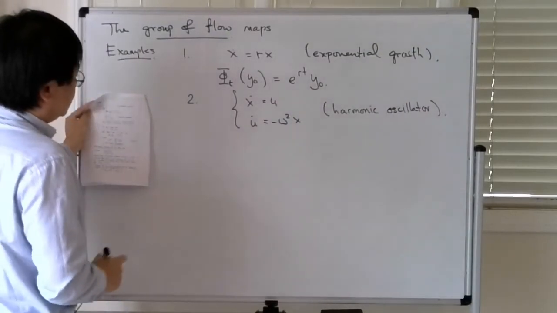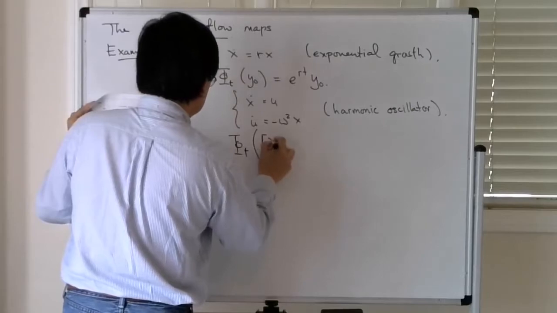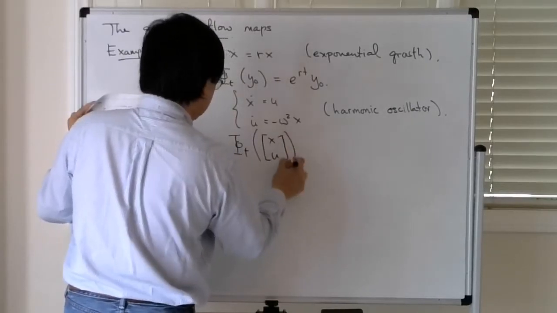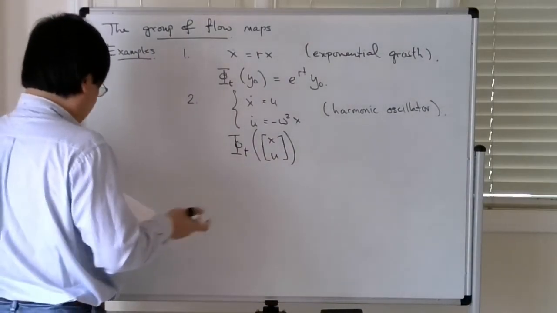Okay, and the flow map for this depends on the initial data, which is both position and velocity.